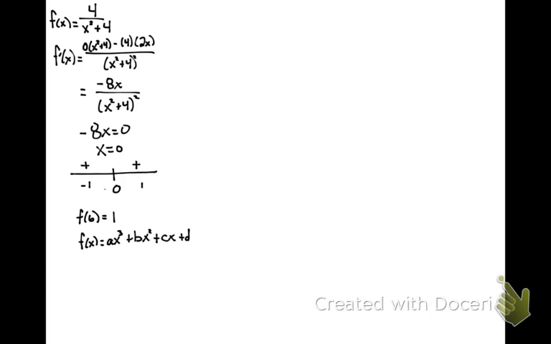We know that its derivative will be equal to 3ax squared plus 2bx plus c. We also know that when the plane is at the airport, or when x is 0, then its altitude will be 0.